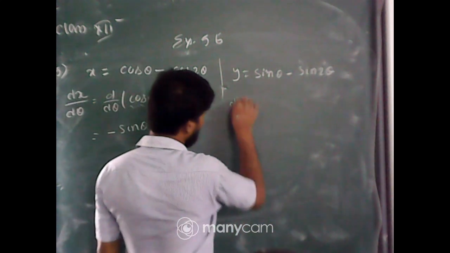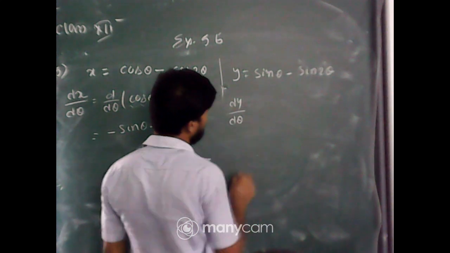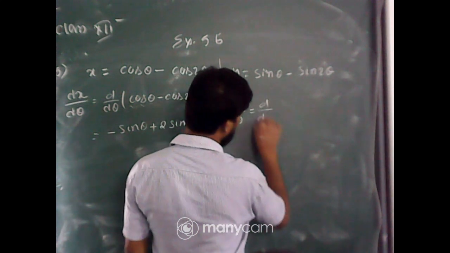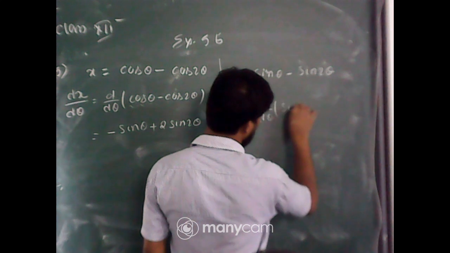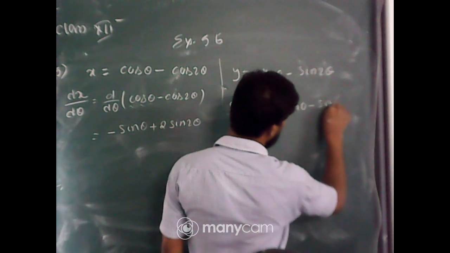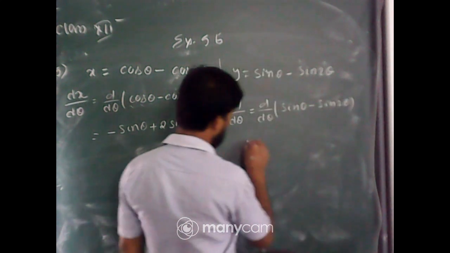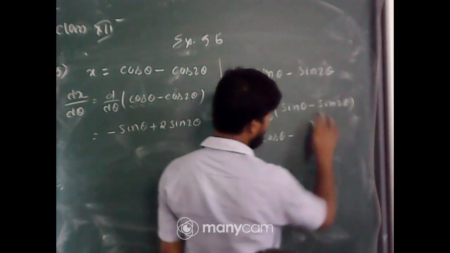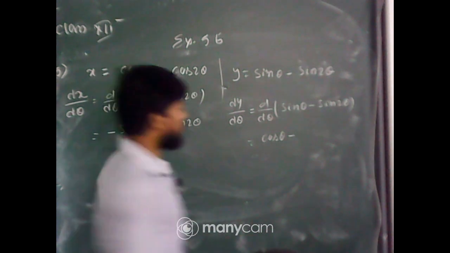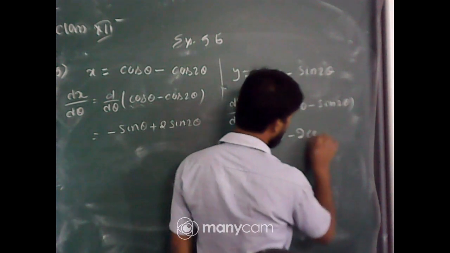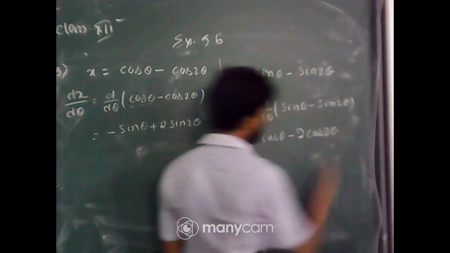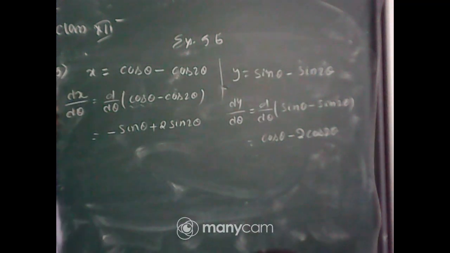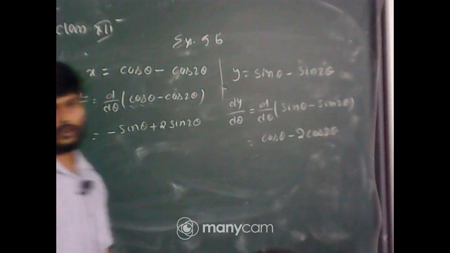Similarly, calculate dy/d theta, which is equal to d/d theta of sin theta minus sin 2 theta. Now the derivative of sin theta is cos theta, minus the derivative of sin 2 theta, that will be 2 cos 2 theta. So now dx/d theta is known, dy/d theta is also known.